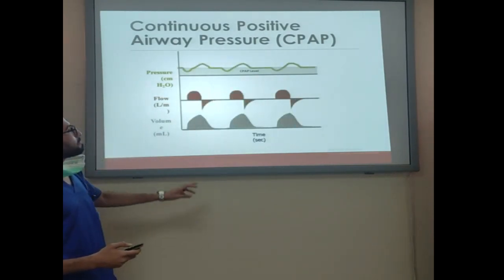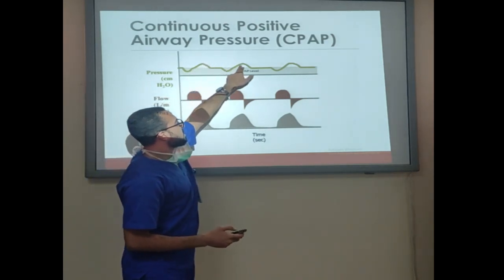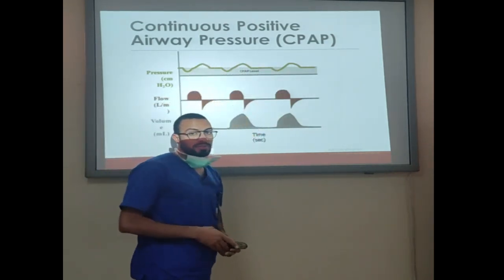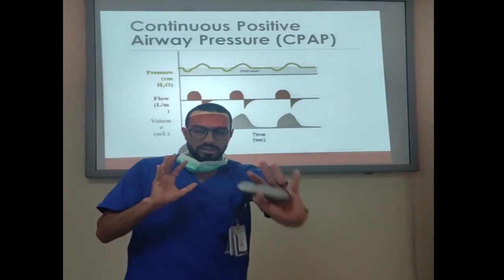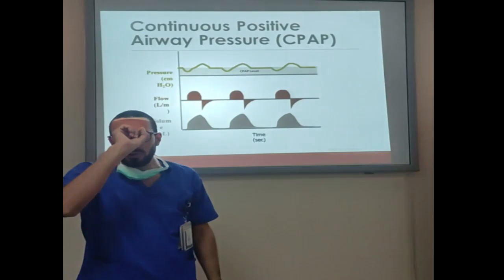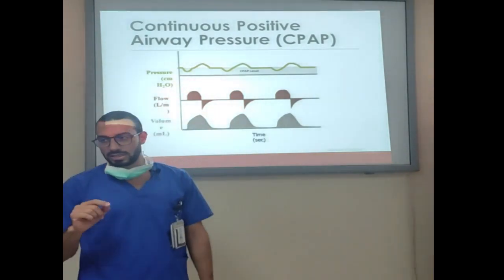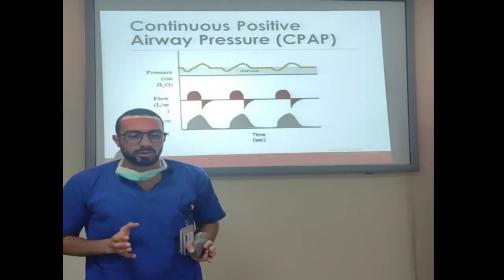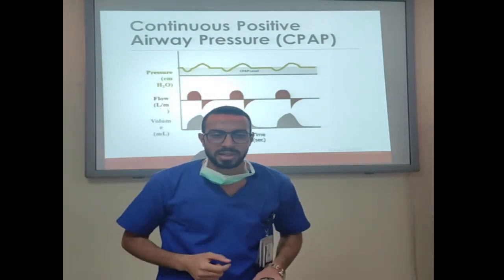You see, here the patient is trying to take the pressure and we have specific pressure. The ventilator will give this pressure until the patient reaches the peak pressure. There is a small difference between CPAP and PSV. The small difference is that the PSV is only pressure support. Let me give you an example.